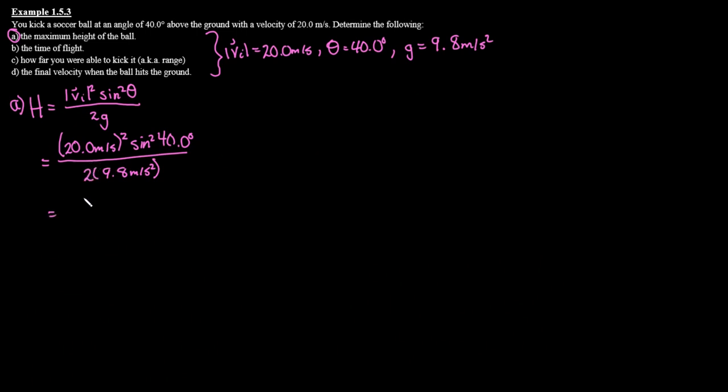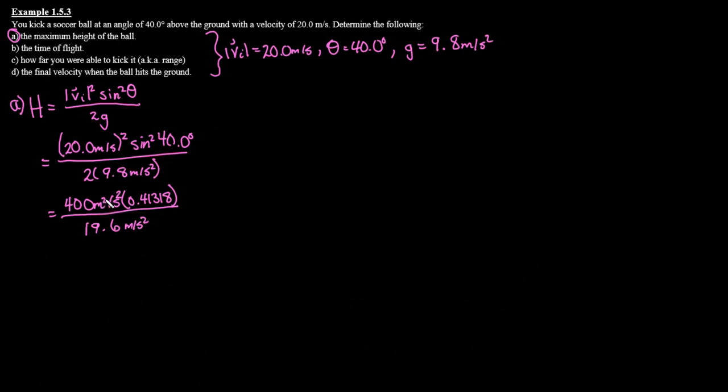So your 20 meters per second all squared works out to 400 meters squared per second squared. And sine squared 40 is 0.41318. When you do that in your calculator, you just do sine of 40 and then you square that value. And that all gets divided by 19.6 meters per second squared.